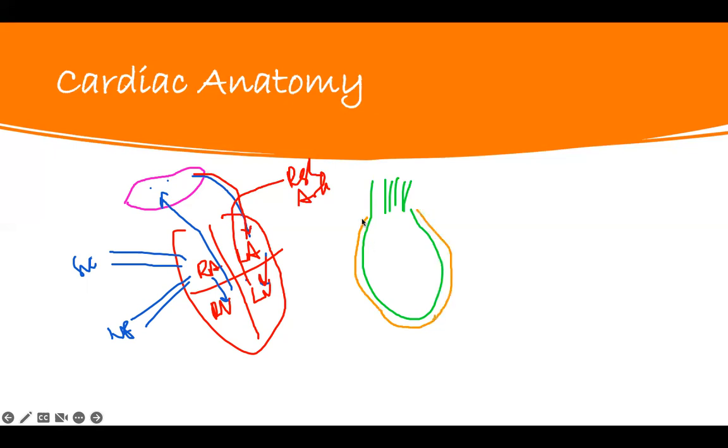This is a sac. It's 2 layers, one on this side, the other on that side. So the first layer is the green layer, right on top of the heart, and the other layer is this color. This is what we call the pericardium.